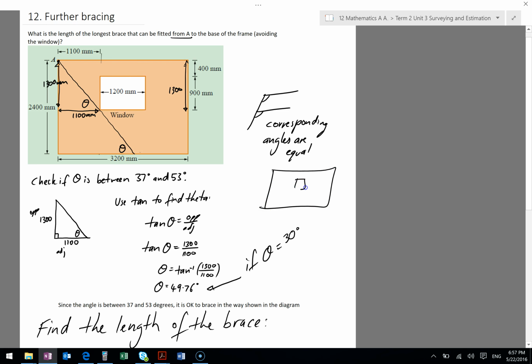So just looking at this diagram, the angle's too shallow, need to make it steeper. So you'd redraw this and put a 37 degree brace in there, instead of having the 30 degrees which would be out there. So you'd have to then redraw your diagram with the 37 degrees, and then find how long the brace is, how long it goes across, and things like that. The example we saw was the good scenario.